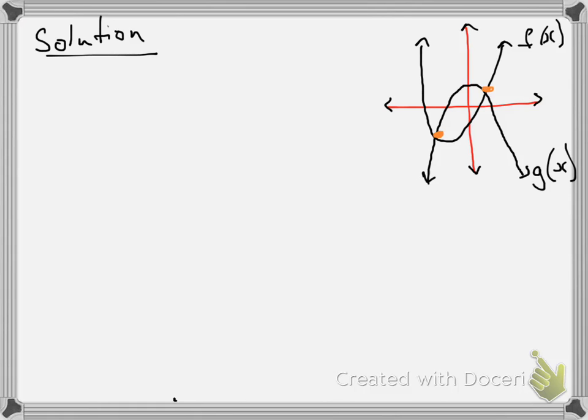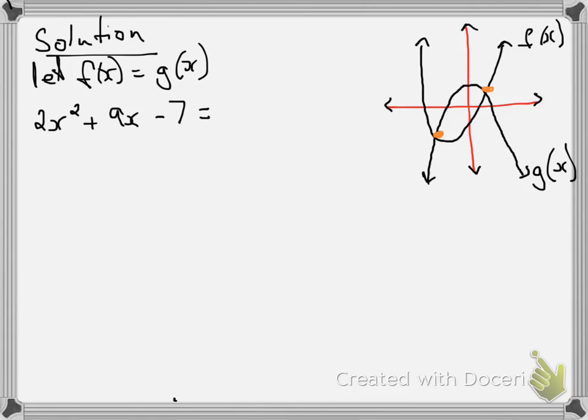So what I'm supposed to do is let f of x equal g of x. By doing so, I'm going to have to do this. Therefore, 2x squared plus 9x take 7 is going to have to equal negative x squared plus 4.